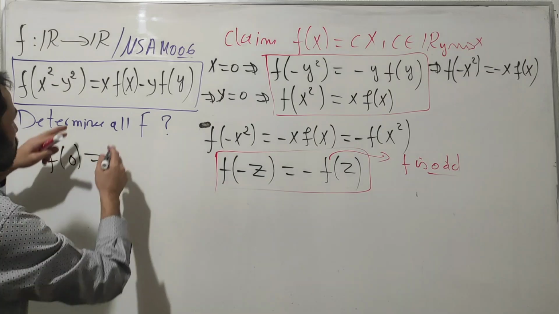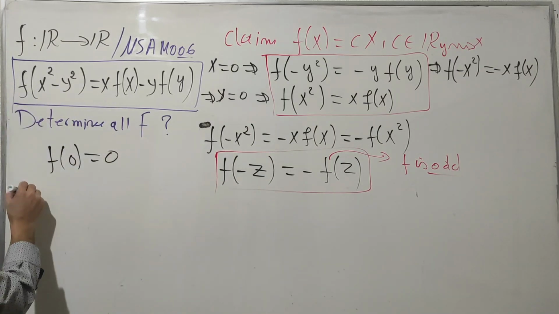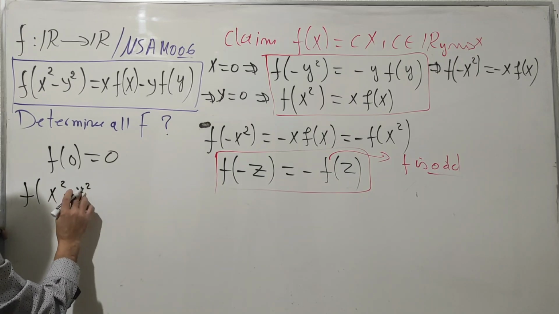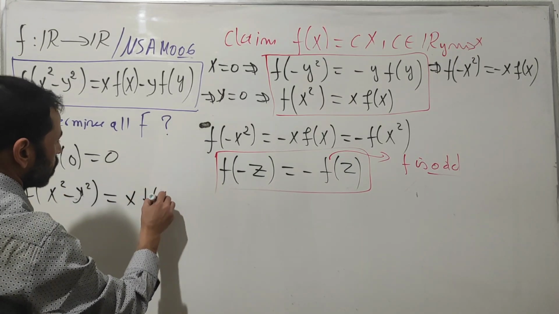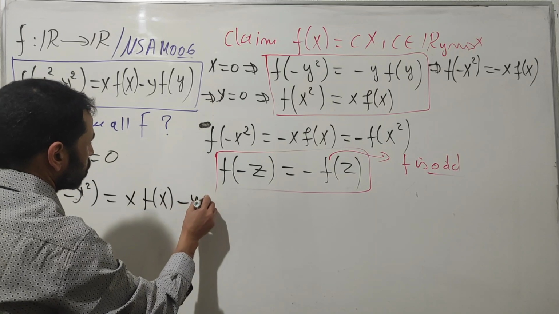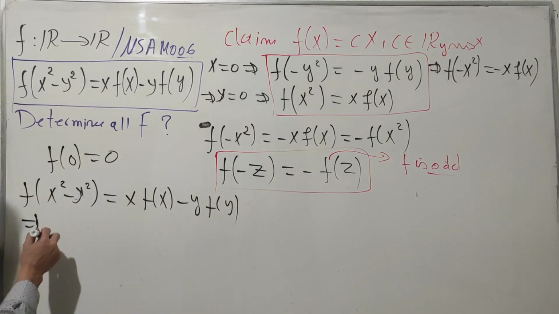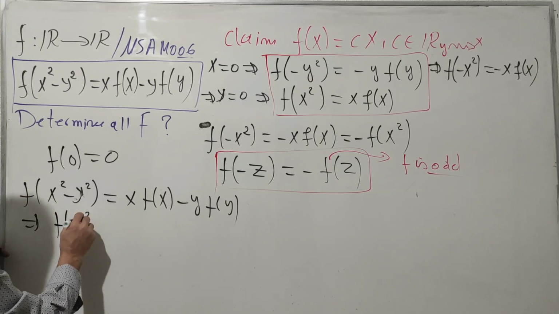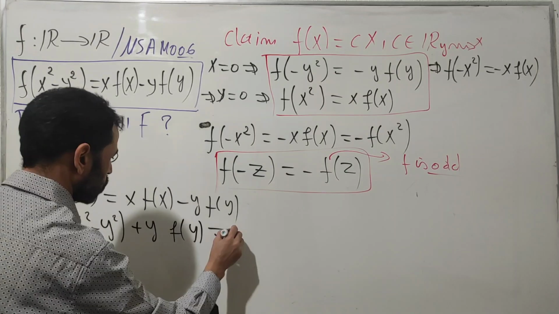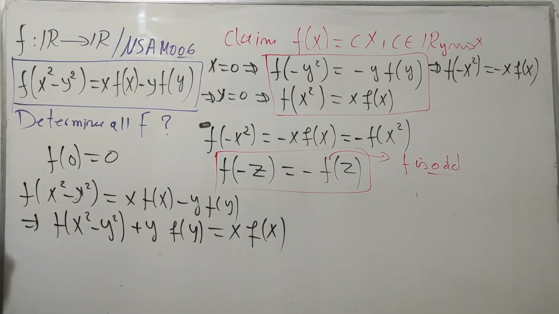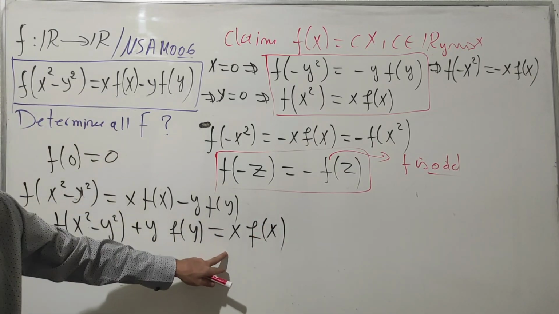I have the original expression, which is f of x squared minus y squared, which equals x f of x minus y f of y. I'm going to move this one over to the left. I get f of x squared minus y squared, which equals x multiplied by f of x.